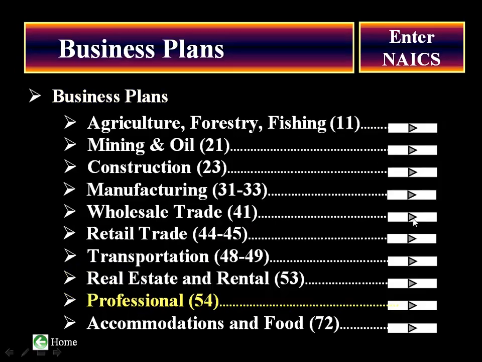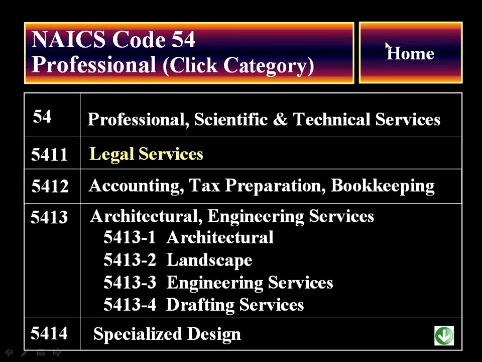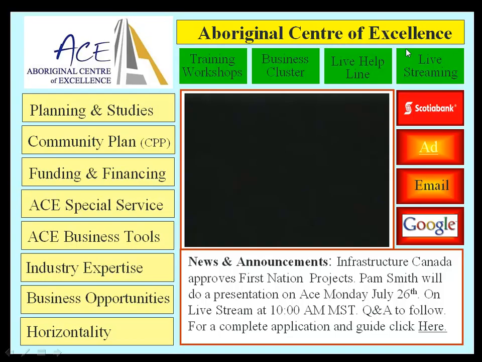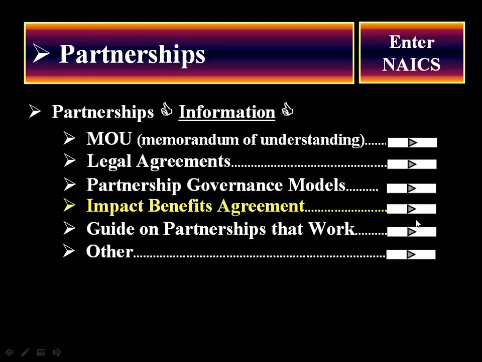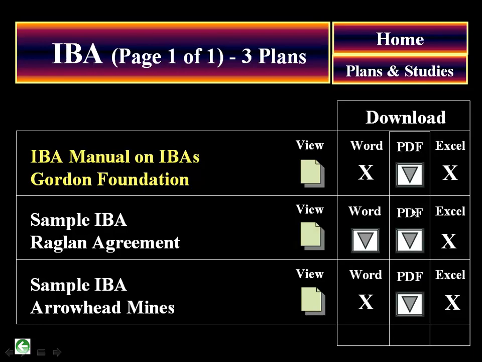Under partnerships, pardon me. So under partnerships, you'll have a number of partnership items as we talked about before: MOUs, legal agreements, impact benefit agreements. So let's focus on that right now. And we happen to have a copy and have permission to use this IBA manual for the Gordon Foundation.